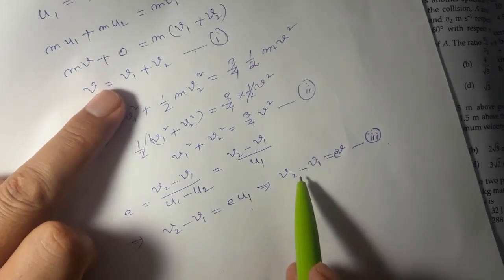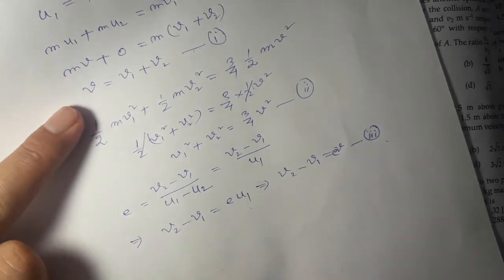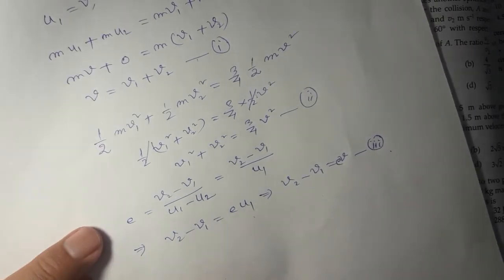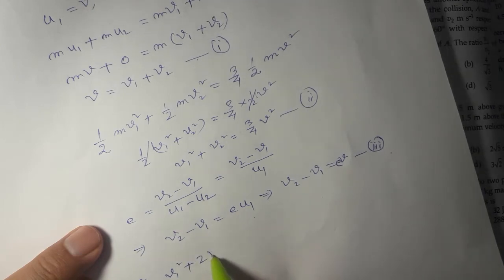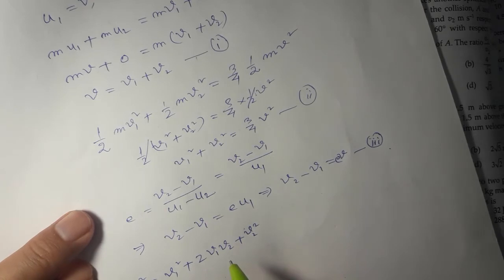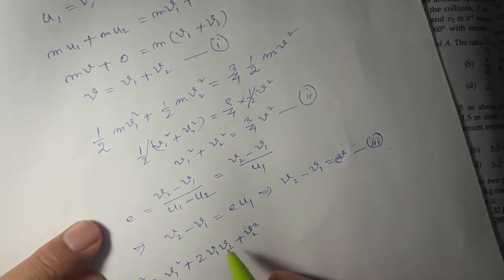Let us do squaring on both sides of equation number 1. If you do squaring on both sides, you have v1 plus v2 whole square becomes a square plus twice ab plus b square. This is what you get.